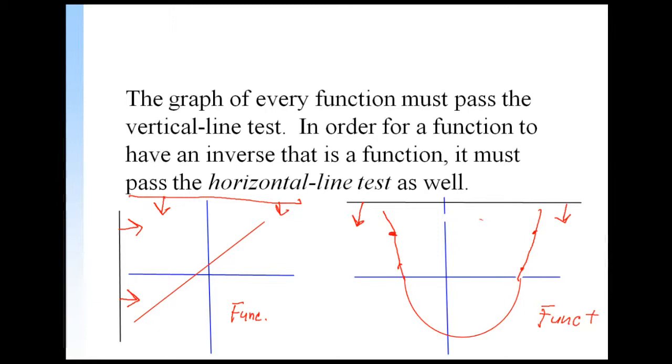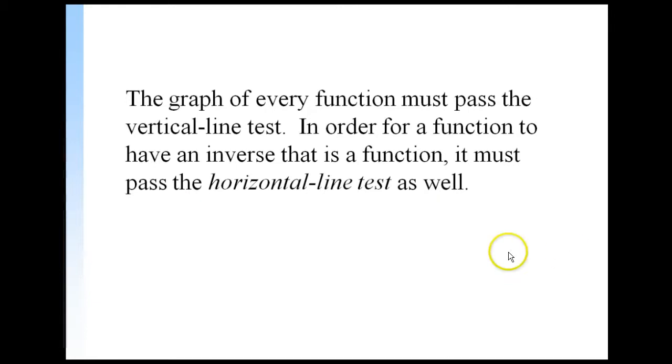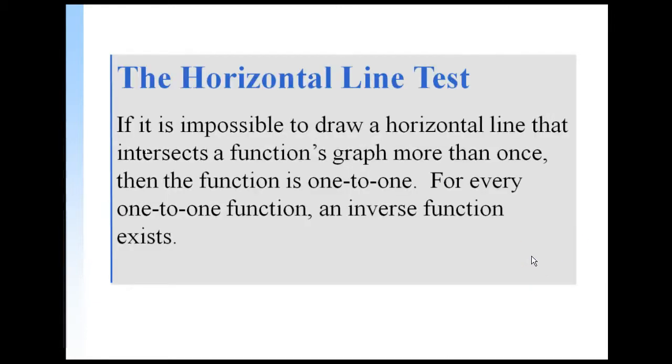So let's check that out. If it is impossible to draw a horizontal line that intersects a graph's function more than once, then the function is 1-to-1. That is, if it only does it once, it passes the 1-to-1 relationship. It's a function. But if it intersects it twice, like we were just showing, it is not.